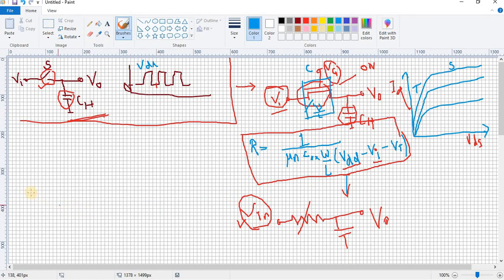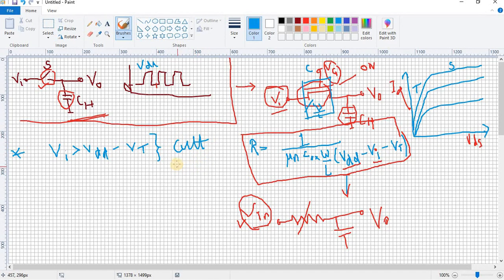For this, the condition should be that V input is greater than VDD minus Vt, right? If this condition is satisfied, by simple analysis, if Vi is greater than this value, VGS is negative, so it will not create a channel. So in the simplest way, you can say that this will basically take the MOSFET into the cutoff region.